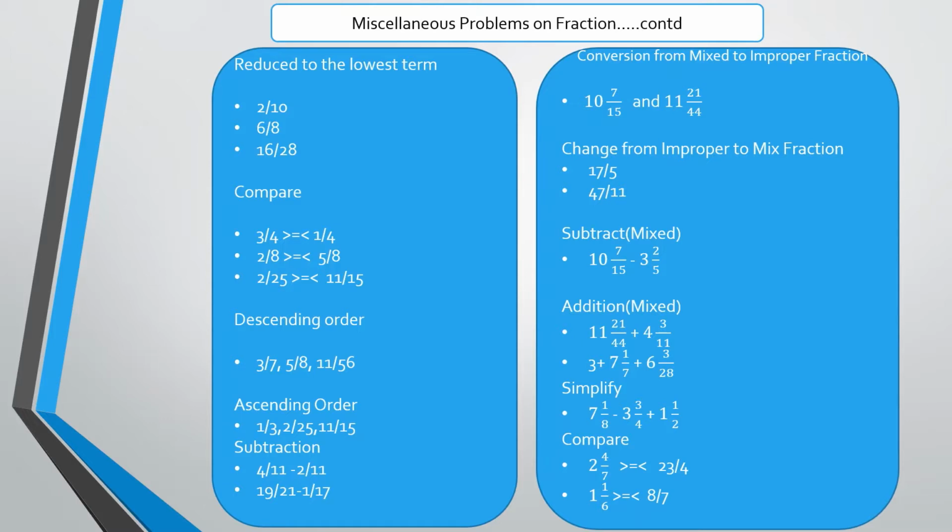We'll also learn subtraction and conversion of different fractions, mixed to improper and improper to mixed. Then subtraction between mixed fractions, addition, simplification, and comparison between mixed fractions and improper fractions. So all these things we'll learn. It will be a wonderful learning session. So let us start.